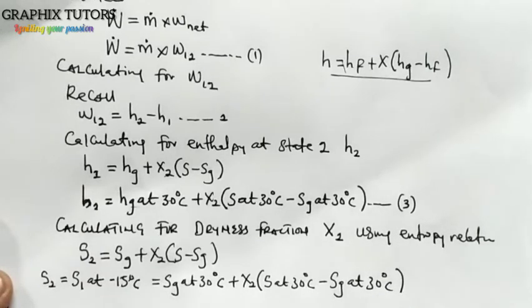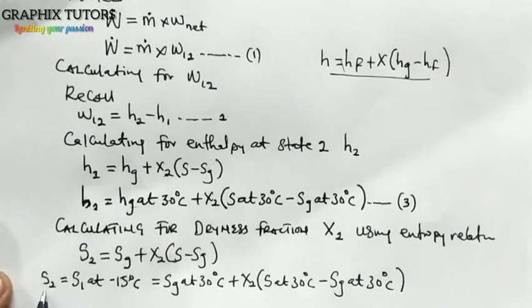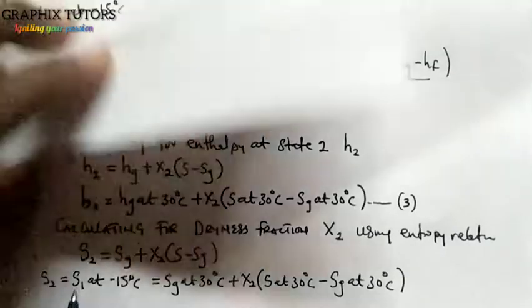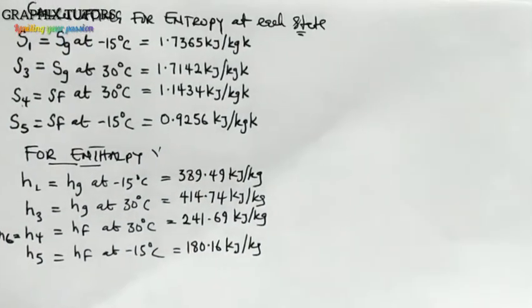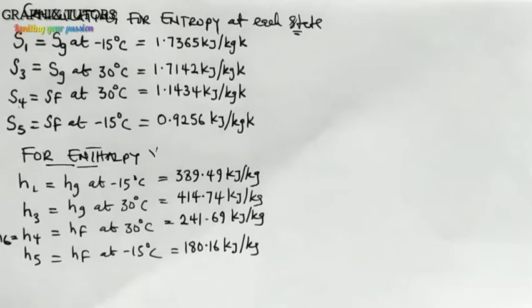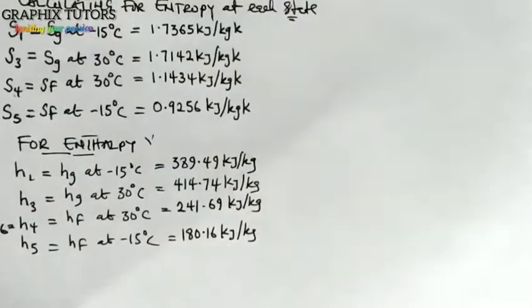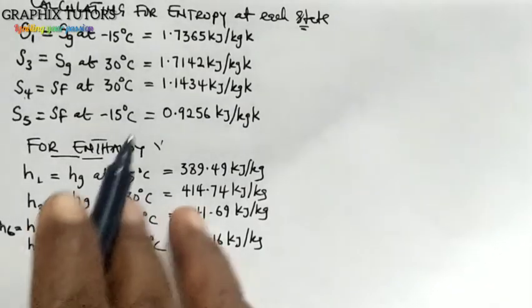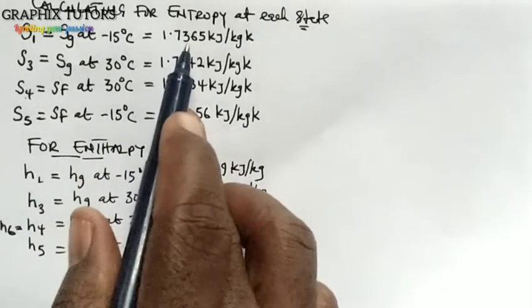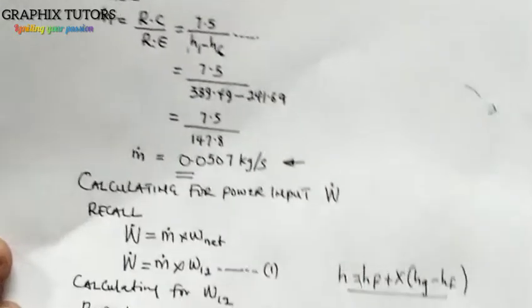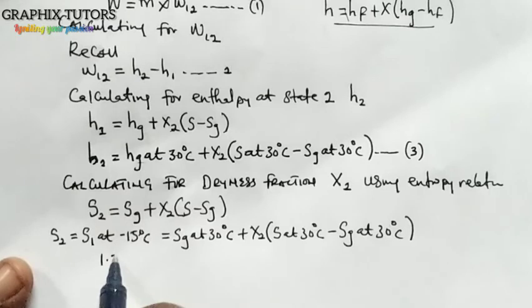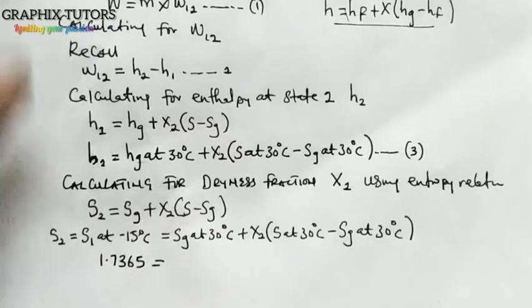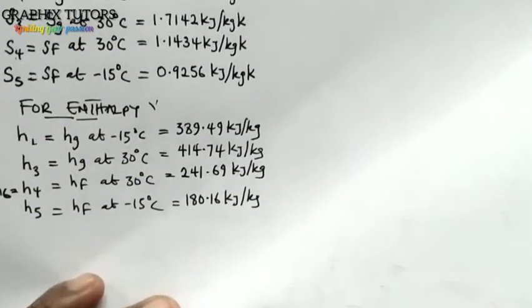Is that taken? So let's put our values. We say S2 is equal to S1. Now what is S1 from our table here? S1 at minus 15 is given as 1.7365. So I'm going to input it here, 1.7365 equals Sg at 30.